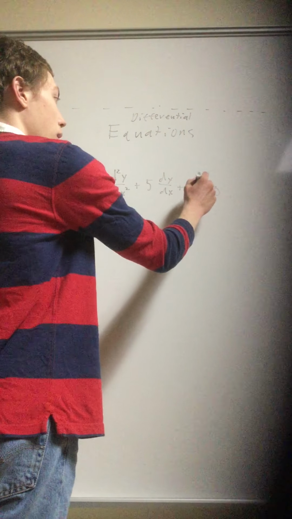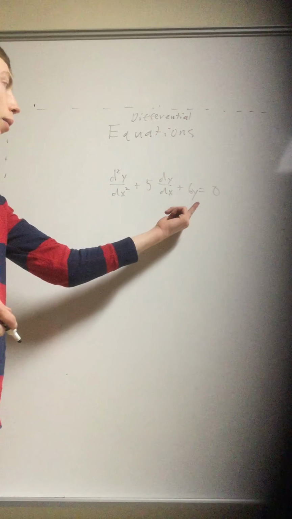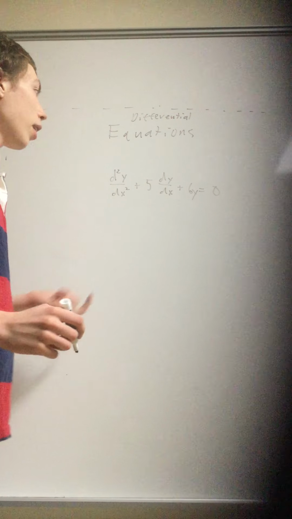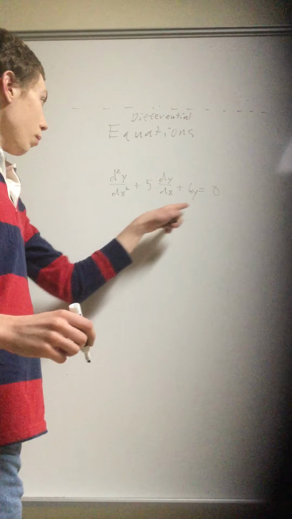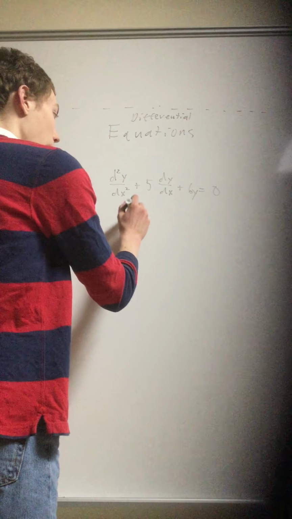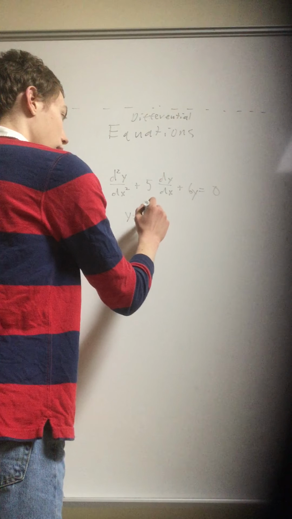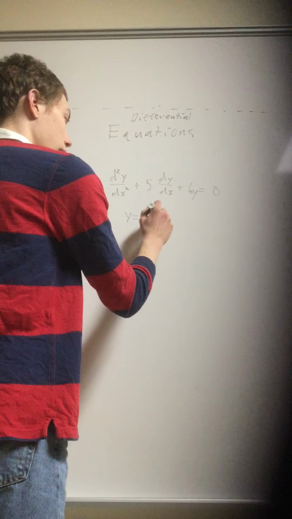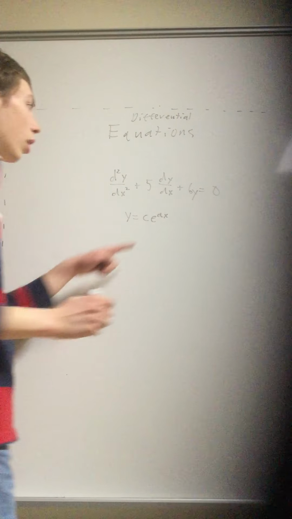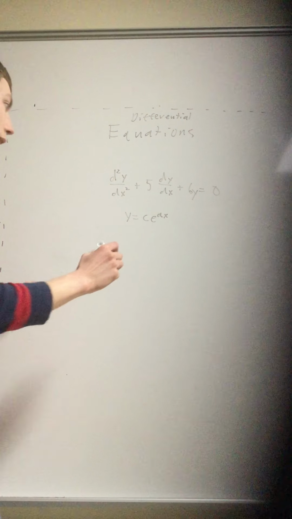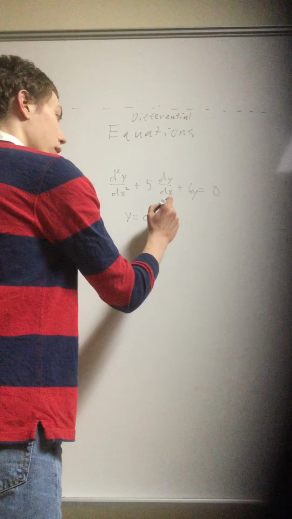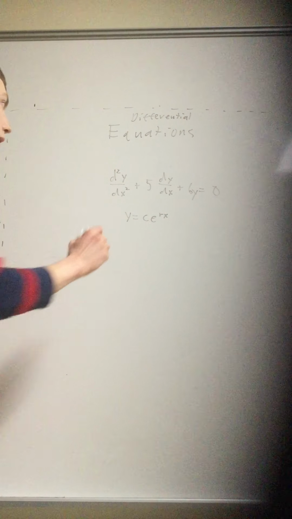Oops, that's important. This is y. Otherwise, this would not be a linear constant coefficient differential equation. Let's try and guess y equals c e to the ax. So if we plug this in, actually let's call it rx. You'll find out why we call it r.